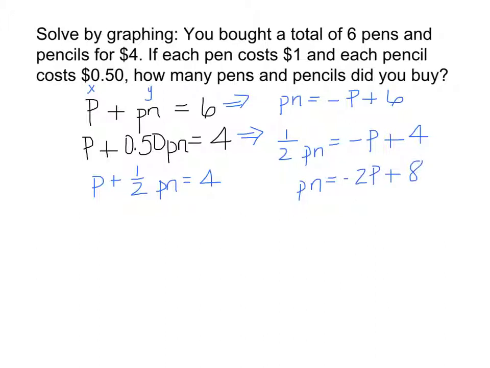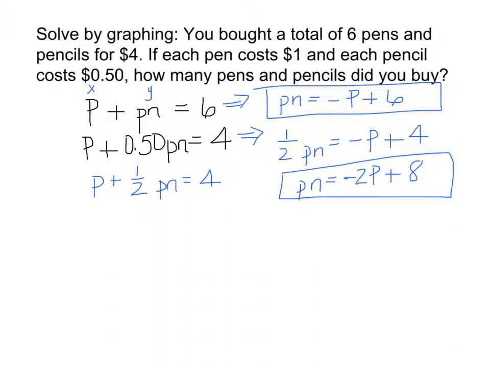And now I'm going to graph these two equations. And I know they're going to intersect somewhere because the equations are totally different. And my graph is not going to fit, so I'm going to have to make it a little bigger.